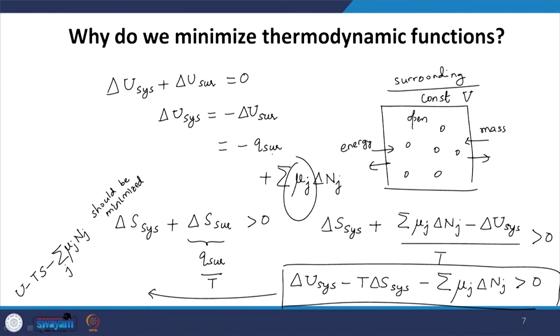So, before we conclude the lecture, there is one point I want to mention here, that even though we wrote this chemical potential mu j and it may appear to you as something that is constant, it is actually not a constant always, right.